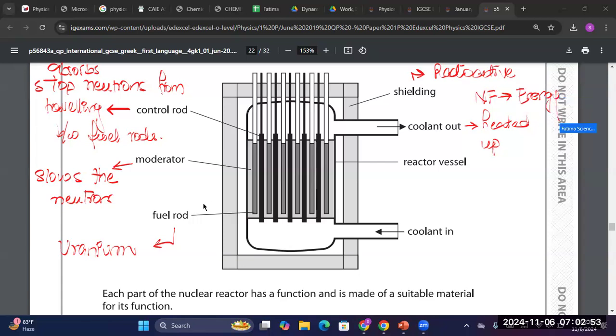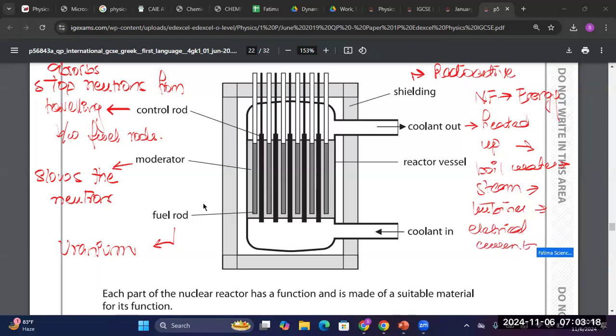That heated coolant is then used to boil water, which produces steam. And then we use the steam to rotate turbines and generate electrical current. So the coolant is simply there to absorb the heat produced in the nuclear reactions.